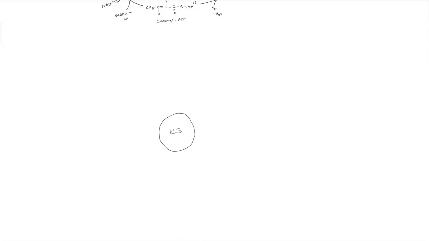KS, or our beta-ketoacyl ACP synthase, tethered to our transacylase. And then we have this reaction chamber, or this void, where the lipids combine. And then we have two equivalents of our beta-hydroxyacyl dehydratase.